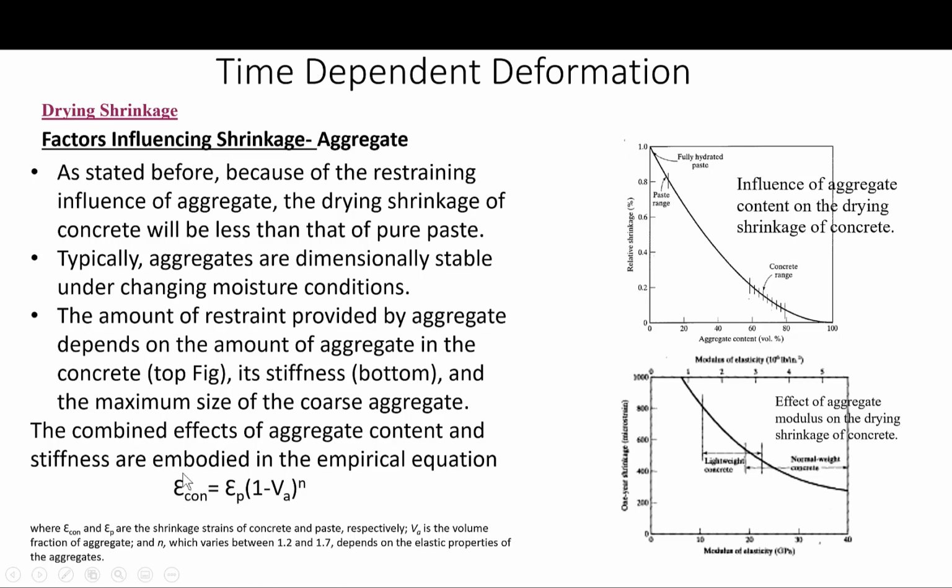So this is the predicted shrinkage strain of concrete based on the shrinkage strain of the paste and the volume of the aggregate. Okay, so again, it's an empirical formula, but nonetheless, it's there.